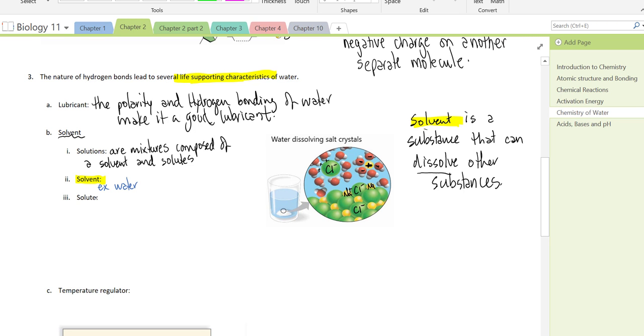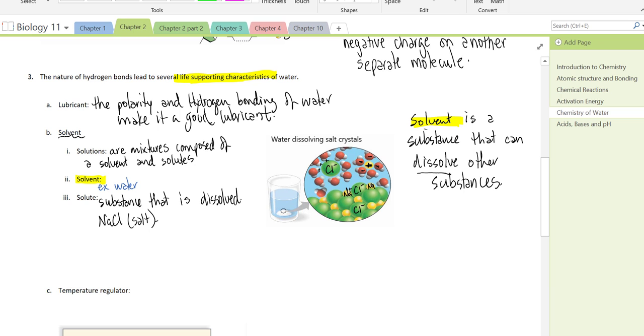What are the solutes, or what is a solute? A solute is the substance that is dissolved. All right, and so in this case, that would be NaCl, the salt. That would be the solute.